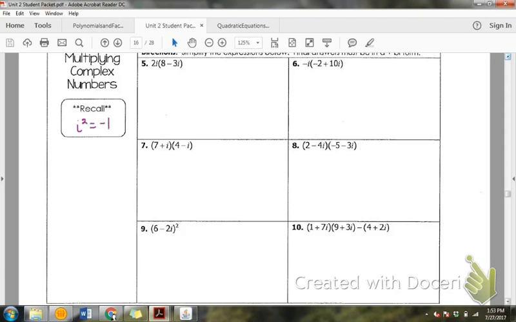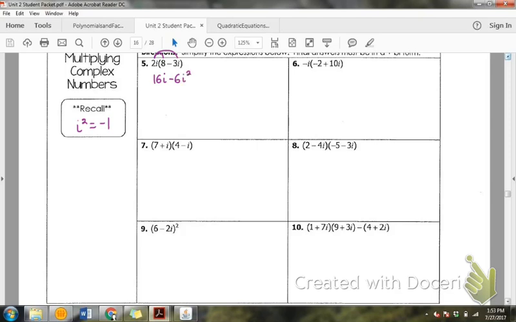So if I did 2i times 8, what do you think that's going to be, Daniel? Negative 8? Okay, look up here. 2i times 8 is what? 2 times 8 is 16. And then we have an i there. Okay. 2i times negative 3i, negative 6i squared.